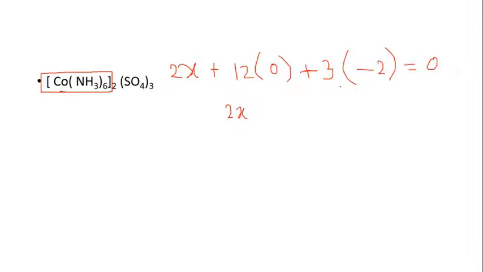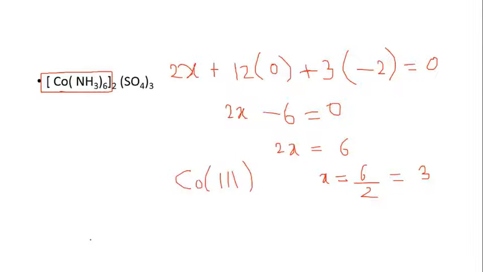So 3 into -2 is -6 is equal to 0. So 2X is equal to, if you take this -6 to the other side, it will be 6, and X is equal to 6 divided by 2. If multiplication goes to the other side, it will be divided, so that is equal to 3. So the oxidation state of cobalt is +3 in this particular complex.